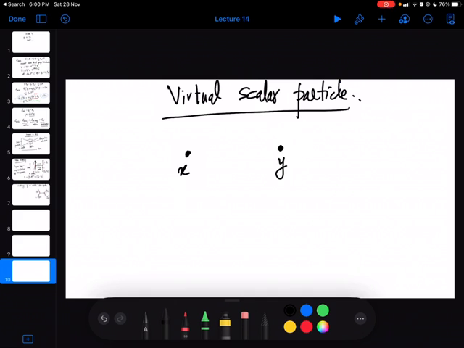Let me call them x and y, space-time points, and they exchange a scalar particle.